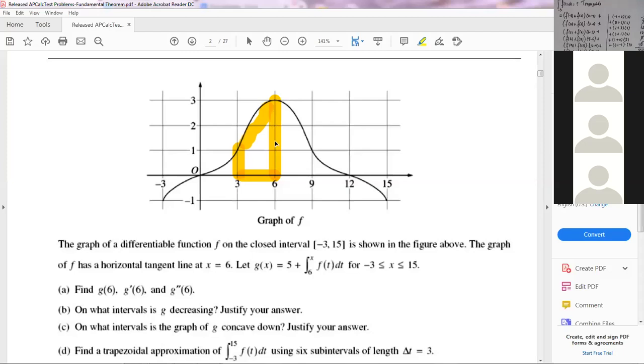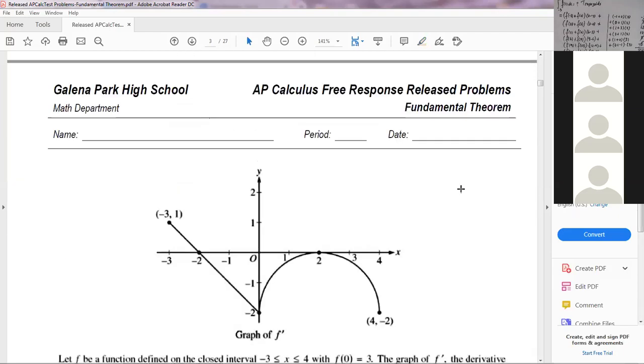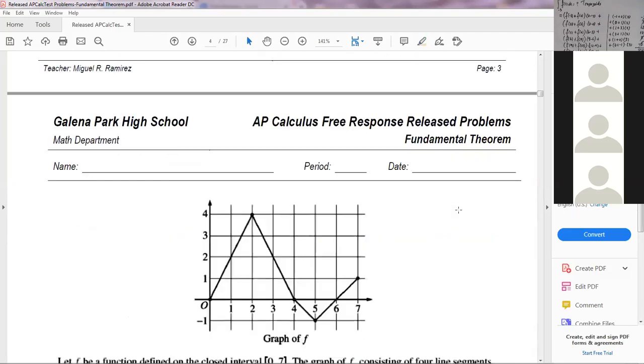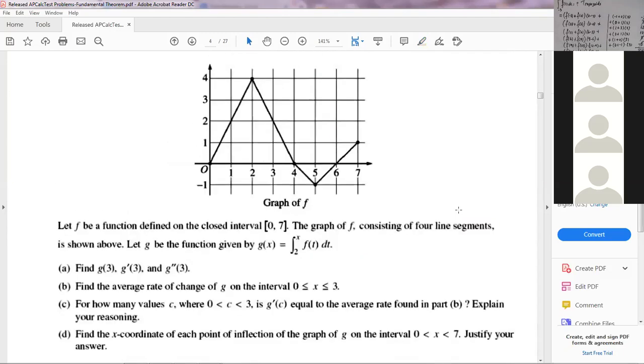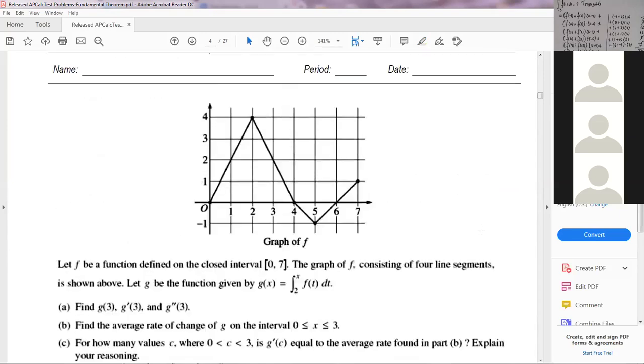So I'm going to take this, delete, this, delete, this, delete. And then let me take this one. We solved this yesterday. So let's see this one, another fundamental theorem problem. This problem was released in 2003, no calculator again.